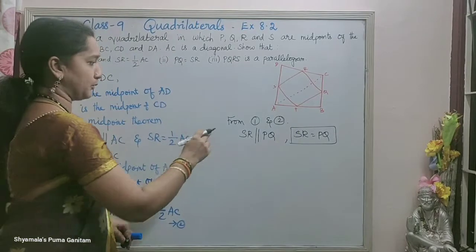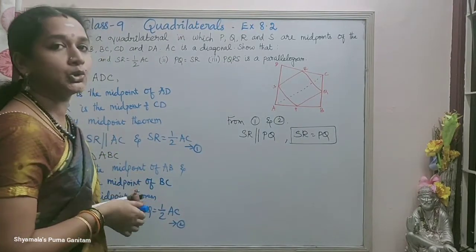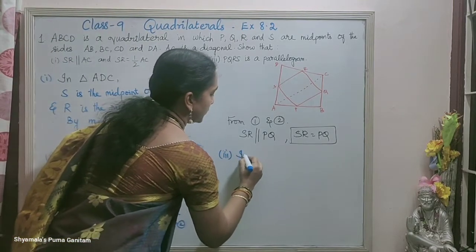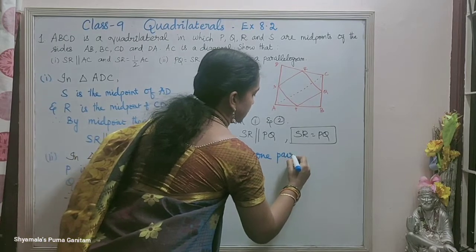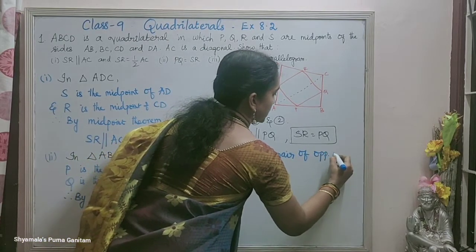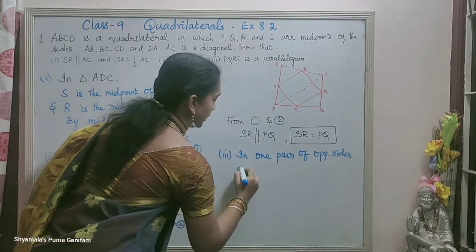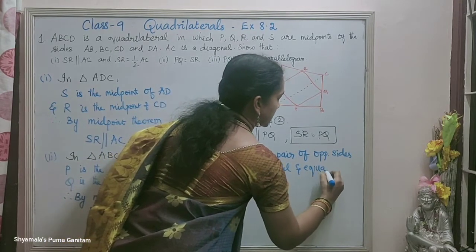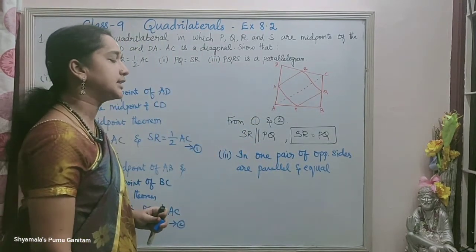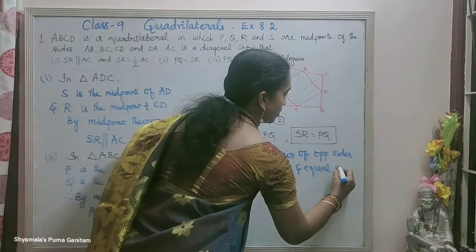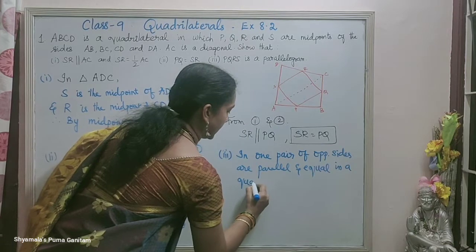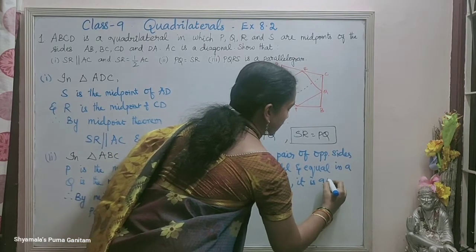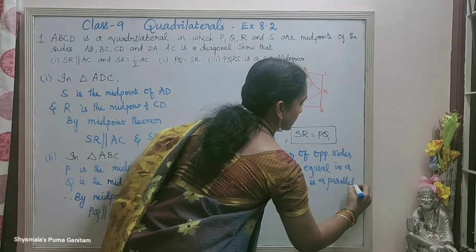With these two, the first proof and the second proof, we can say that for the third one, if one pair of opposite sides are parallel and equal in a quadrilateral, it is a parallelogram. So which one is a parallelogram? PQRS is a parallelogram.